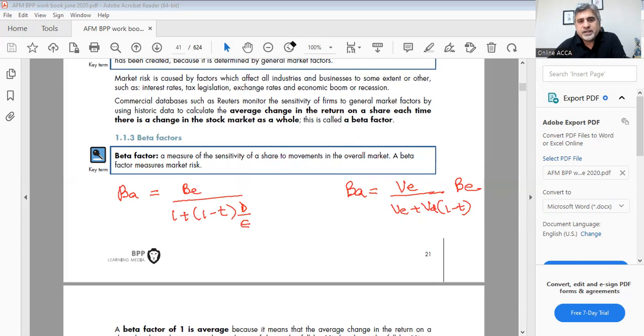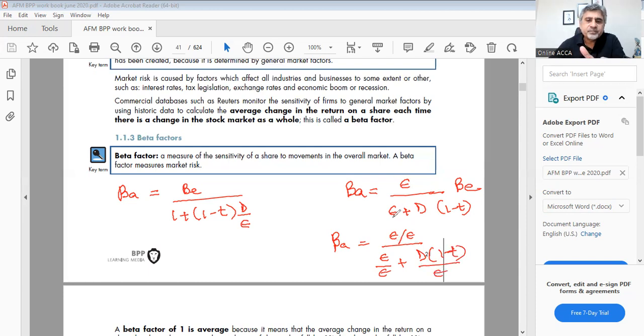Actually, let me show you why I say they are the same. Let's not call it value of equity, in order to make it equal. We call it equity over equity plus debt into 1 minus T into BE. If I want to solve it, I divide everything by equity: equity by equity, plus D into 1 minus T, divided by equity.